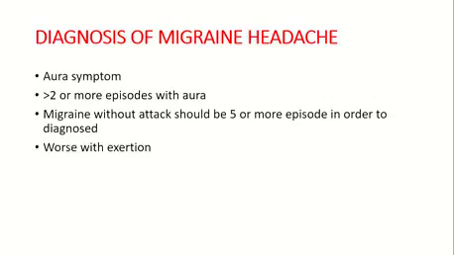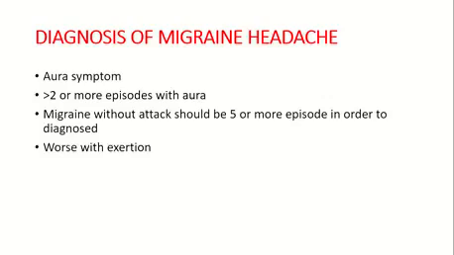So one, if there's an aura in migraine, it should be 2 or more episodes of aura. When a patient comes to you with two or more episodes of aura, you can define that as a migraine, and mostly there are scotomas. If there is no aura, it should be more than 5 episodes in order to diagnose migraine.